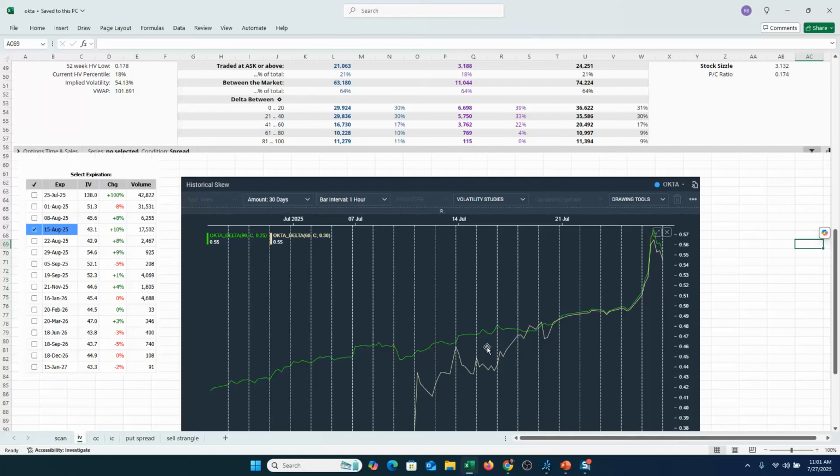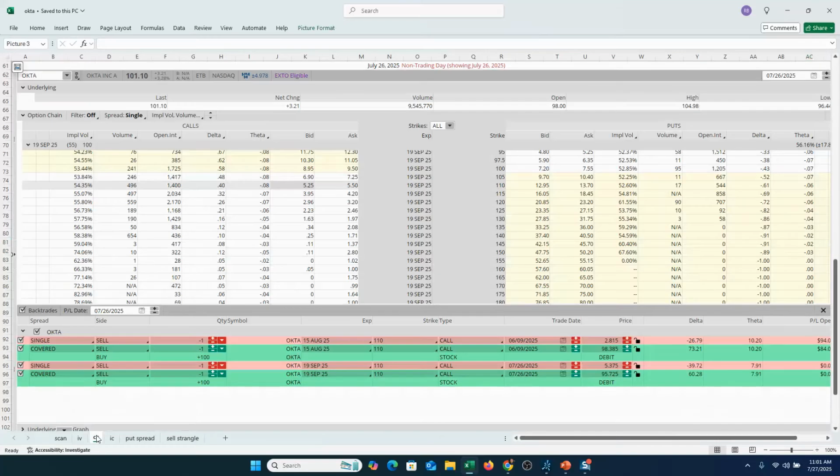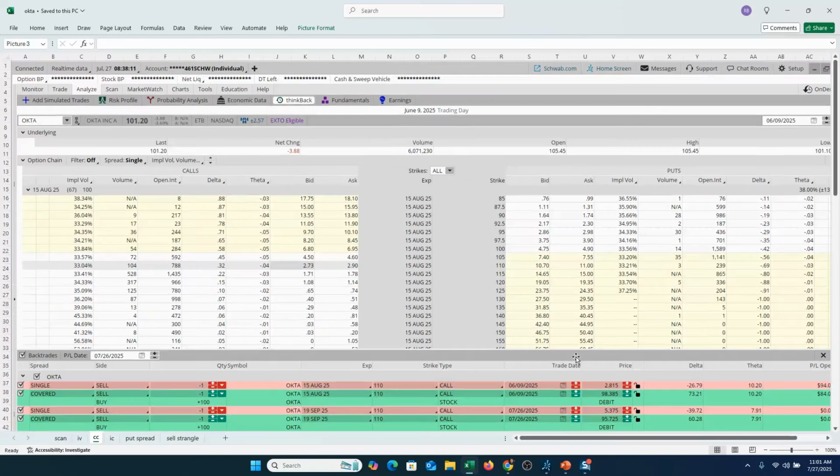For those who are approved to the basic option level and can only do covered calls, certainly a covered call trade makes a lot of sense here. So I went back to the last time OKTA was trading at basically this price, compared it to Friday's close. So June 9th, OKTA at 101.20, the stock close, and here's a simple covered call, selling the 110 call.